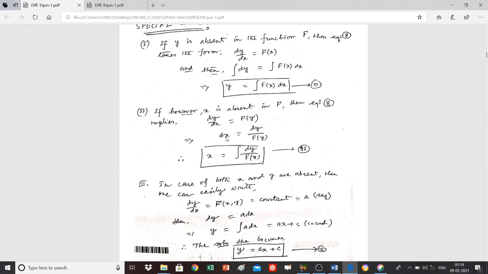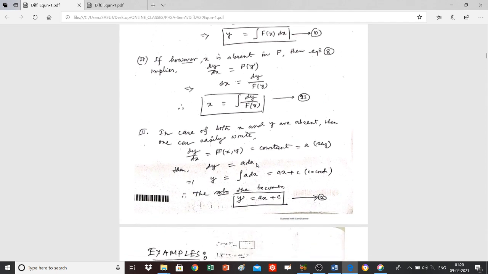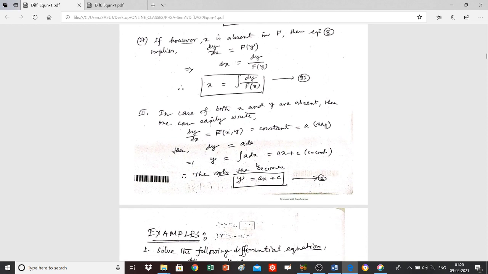Now from here dx is equal to dy/f(y), and if you integrate both sides you will have the integral of dx, or x, is equal to the integral of dy/f(y). After computing this integration, you can easily find out a relation between x and y, and hence y can be calculated.